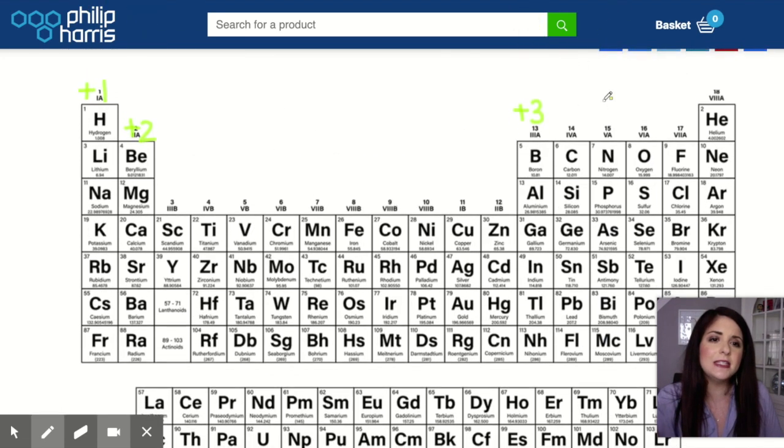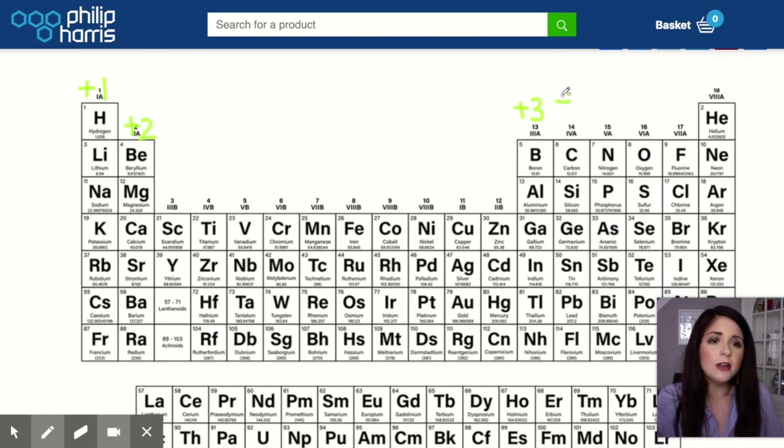So carbon's group, I should say, will have a +4 or -4 charge. It depends what else it's bonded to. If carbon is bonded to something positive like hydrogen, it's going to have a -4 charge. If carbon is bonded to something negative like a halogen, it'll have a +4 charge. So it just depends.